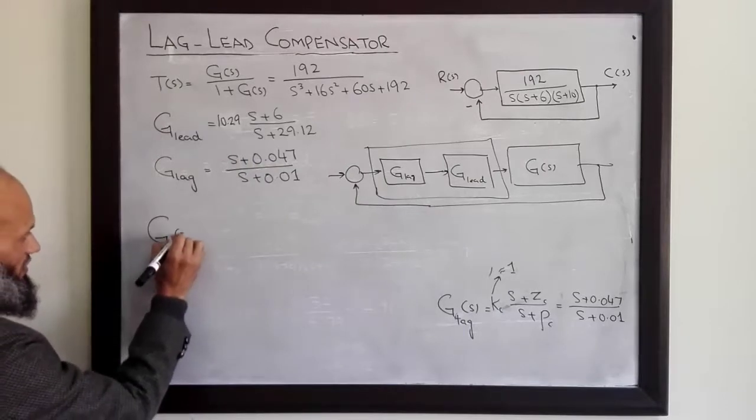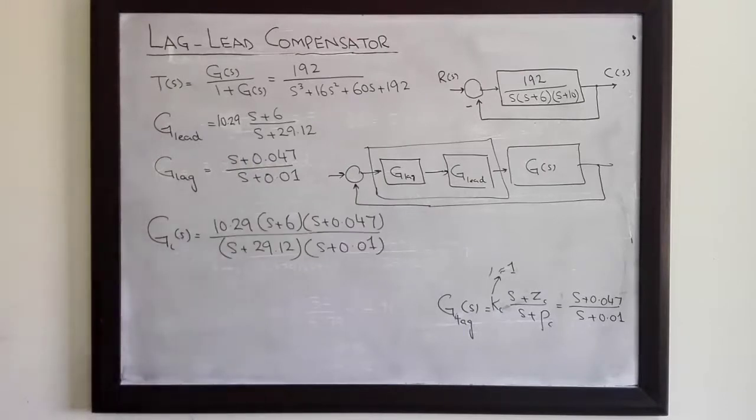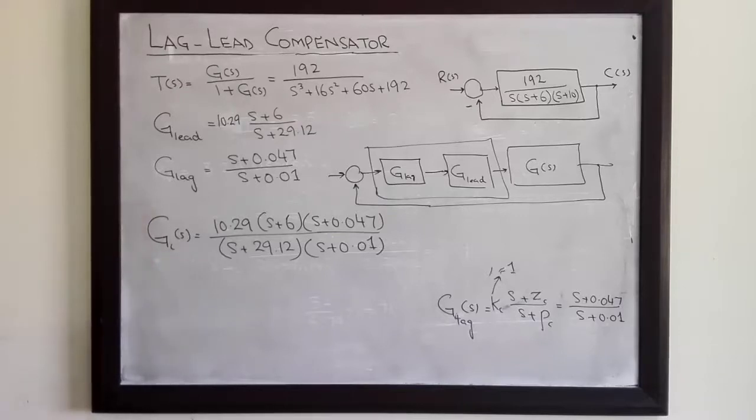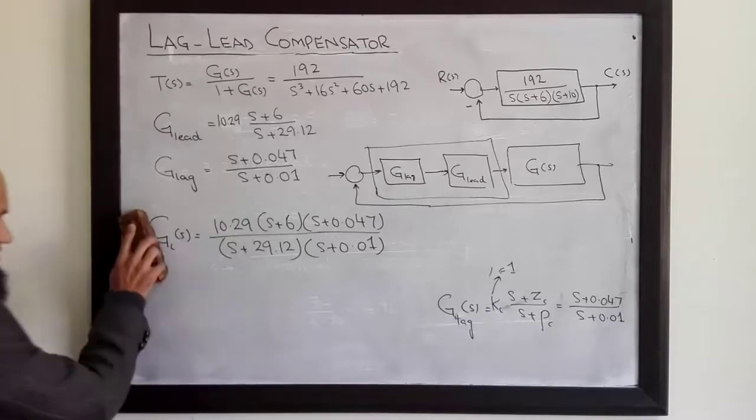So Gc of s is our lead lag compensator. Now, how to practically implement this compensator on your system? This compensator can be implemented using electronic components. Let's see how this controller will be practically implemented on your system to achieve the desired characteristics.